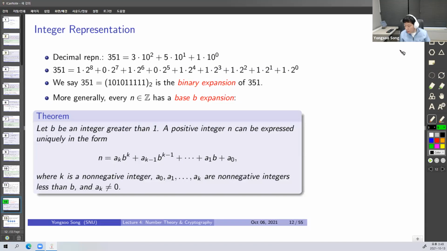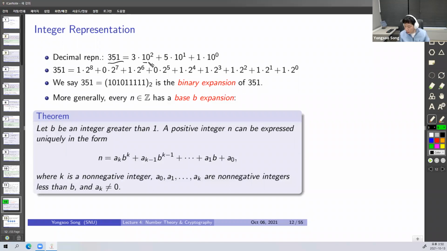Okay, so before we go to the next chapter, we just stop here and look briefly at integer representation. In practice, we mostly use the decimal representation, like 351 actually means 3 times 10 squared, plus 5 times 10 to the 1, plus 1.